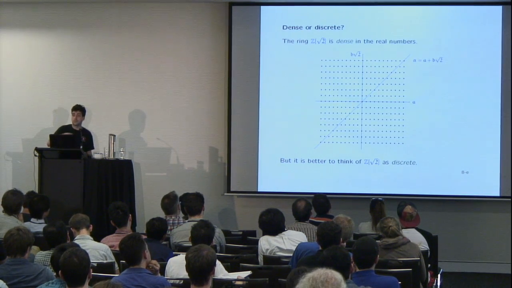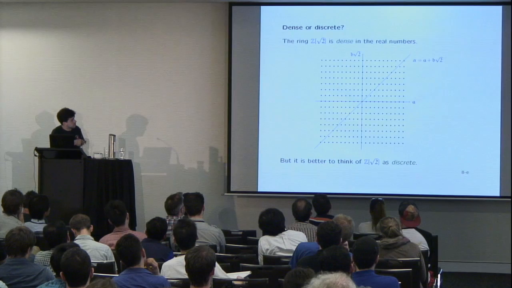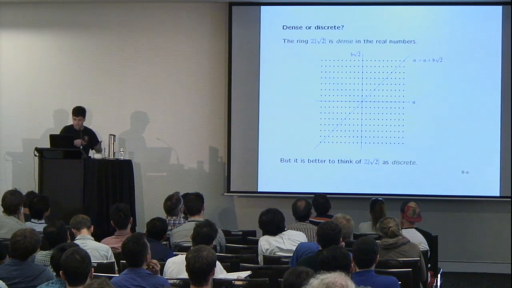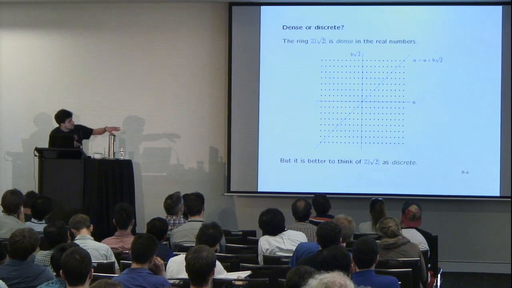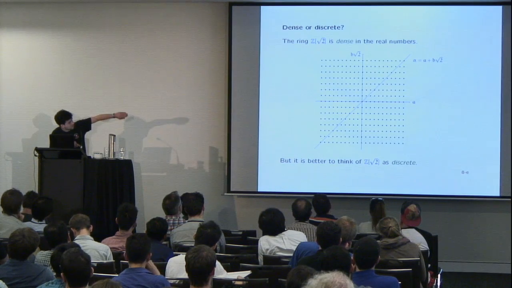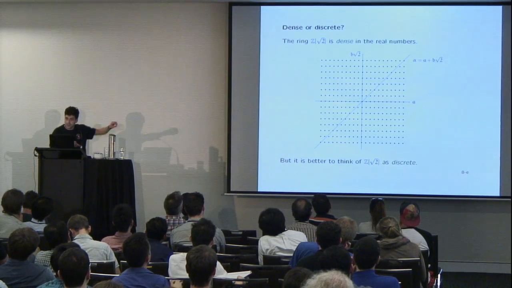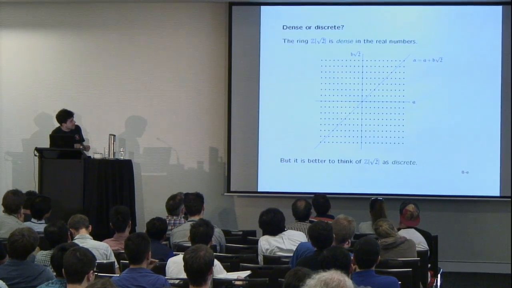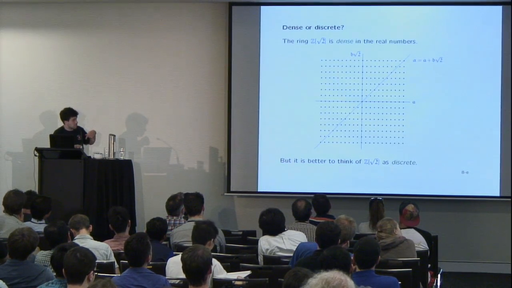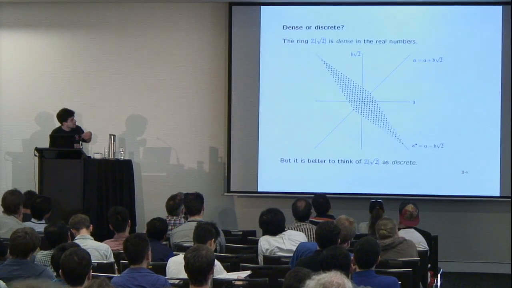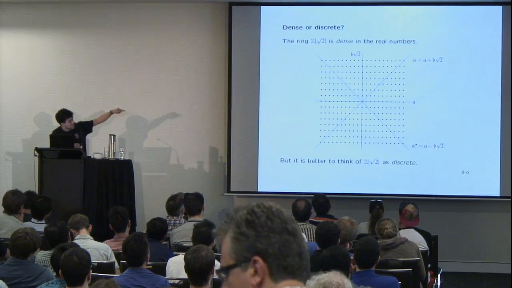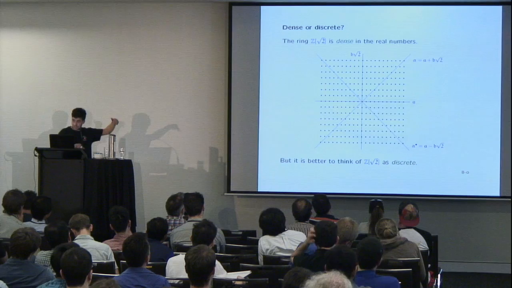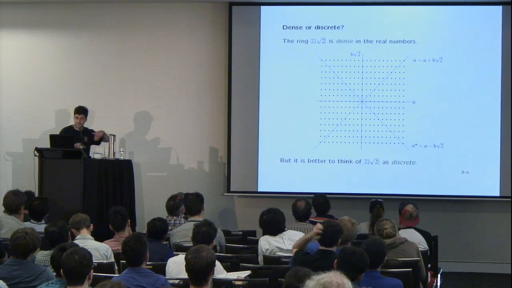So it's the element 1 plus root 2. You can think of this diagonal here as the a plus b root 2 line. And then the action of the bullet would be to map these points to a minus b root 2, which is the anti-diagonal in this case.